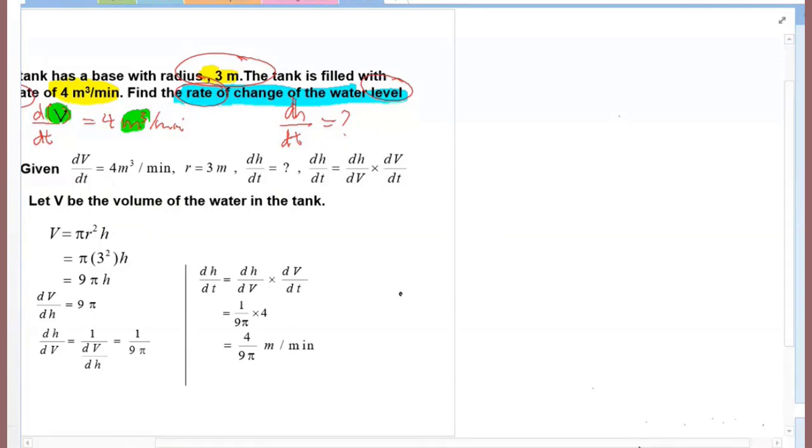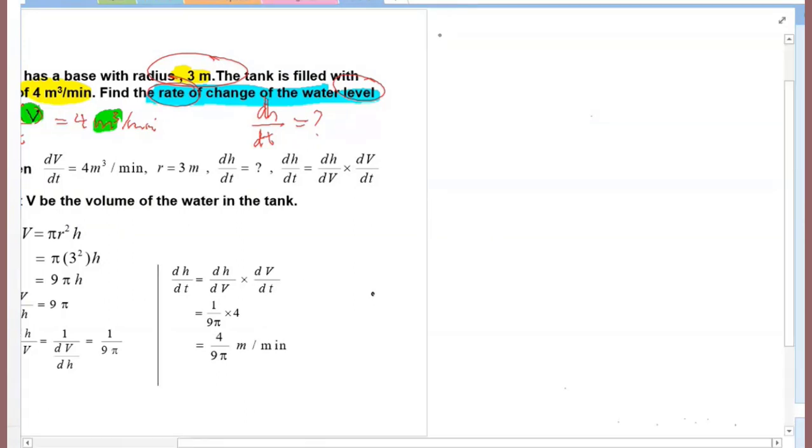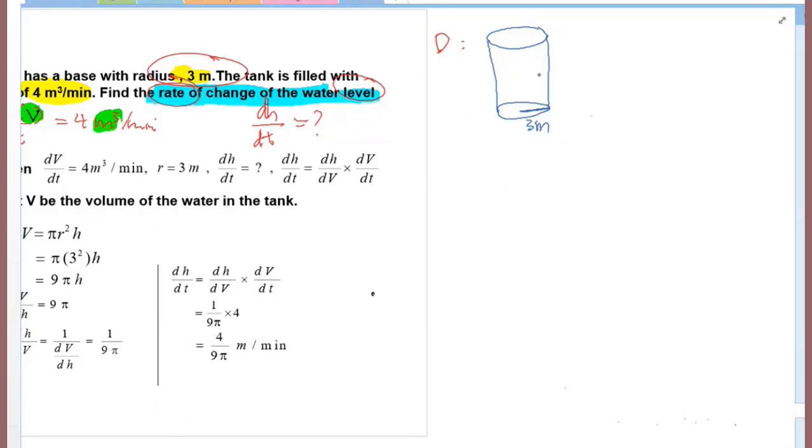Okay, now we have the drawing. The base is 3 meter. The container is a cylinder, which is fixed like that. What changes is the water.